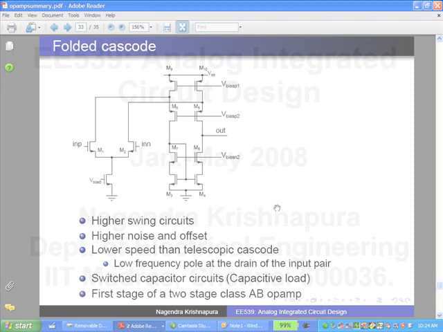Now, in the folded cascode case, the input GM divided by the load capacitance is the unity gain frequency, and all the parasitic poles have to be beyond that. Okay. So if you have a very heavy capacitive load, you have to realize a large GM and use a large current. Yeah. So this pole also tends to be at a lower frequency. Okay. The non-dominant pole also falls down, right, as you increase the device sizes and the currents.